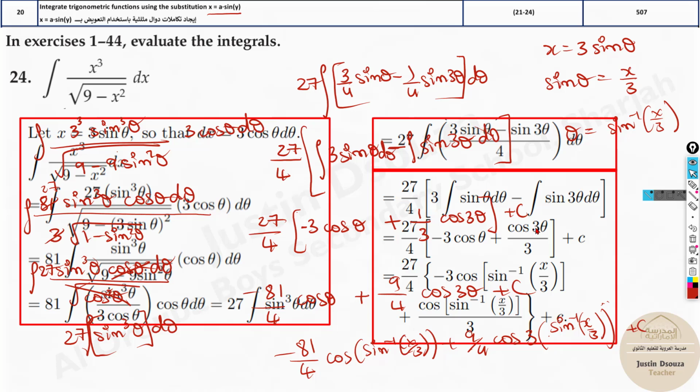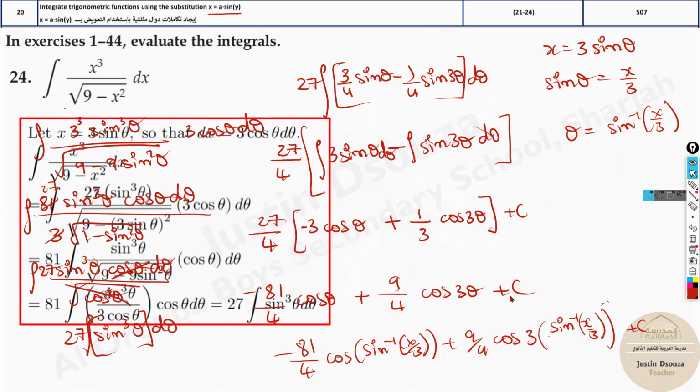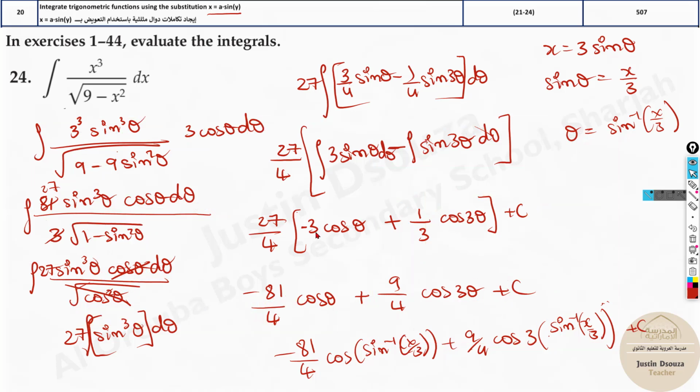Don't think, okay, 3 and this cancel. No, there must be 3 times sine inverse. So please mind this error in this question. Everything is right, only the 3 is missing in the solution. Now this part is correct, absolutely right. They have forgotten this 3. Now theta would be sine inverse x by 3. In this step, you can substitute what theta is. Over here, you can substitute theta in terms of x, and that's enough.